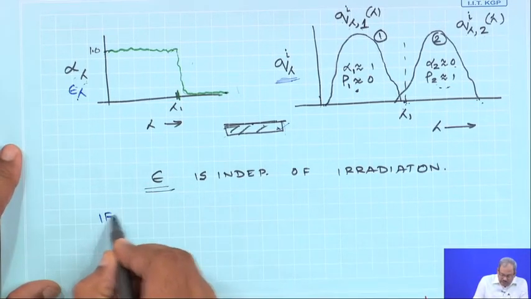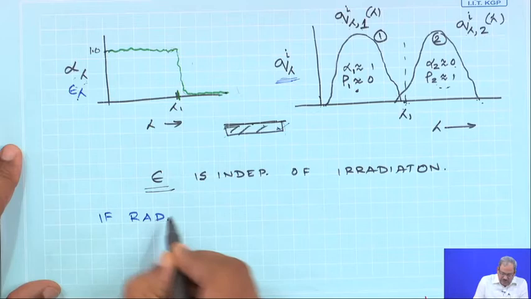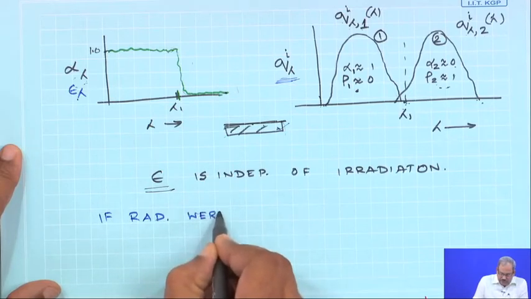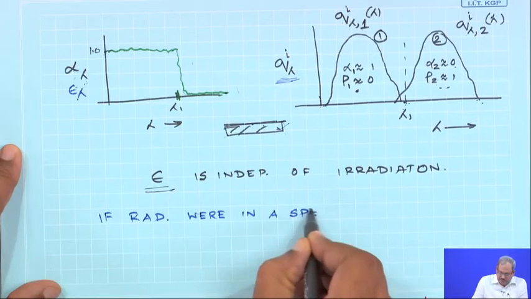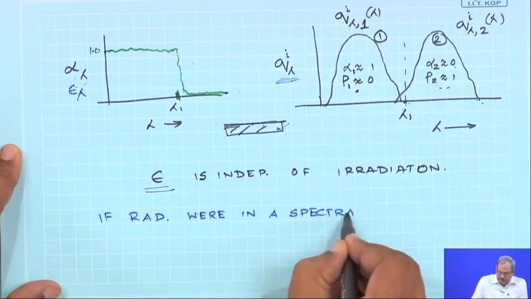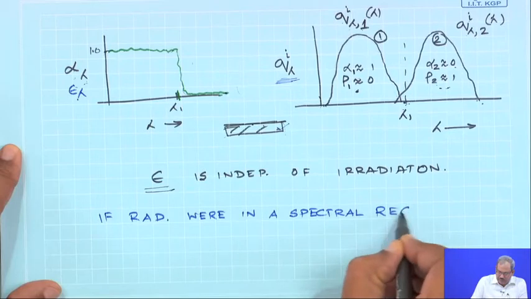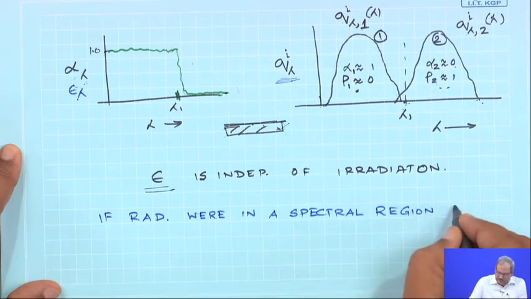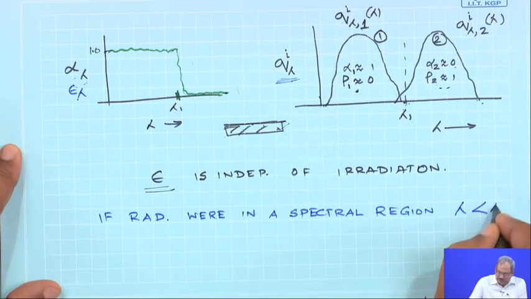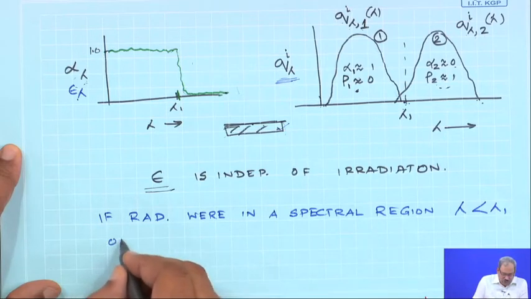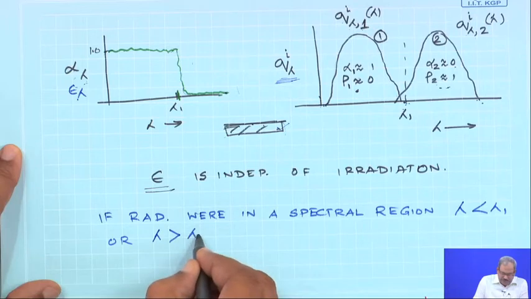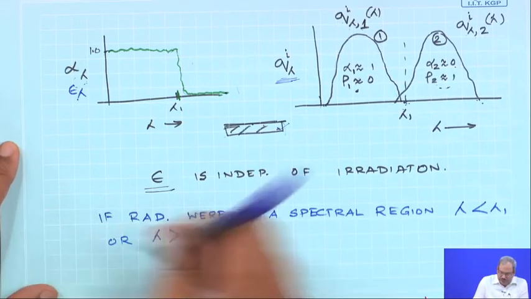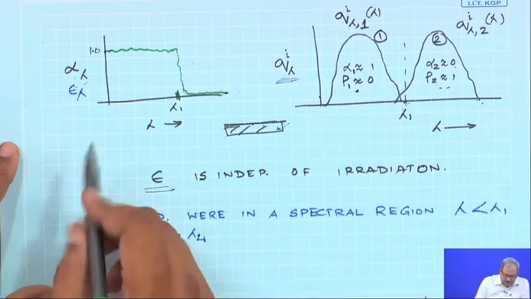So, if radiation were in a spectral region in which lambda is less than or equal to lambda 1 or lambda is greater than lambda 4, I will draw these figures once again.